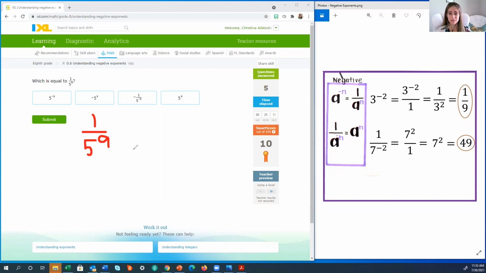To change the sign of an exponent, you move it to the other side of the fraction. Is my problem already given to me as a fraction? It is. I love it when that happens. It saves a step of work. It's already a fraction, and currently my exponent is right here in the denominator. So if I want to change its sign and make it negative, it's going to go from the denominator to the numerator. That's right.